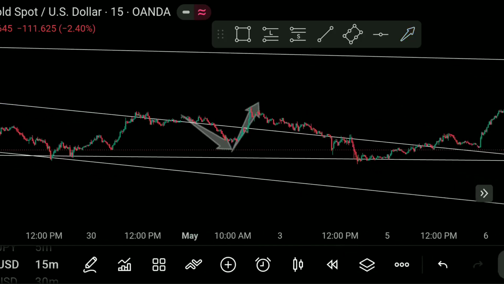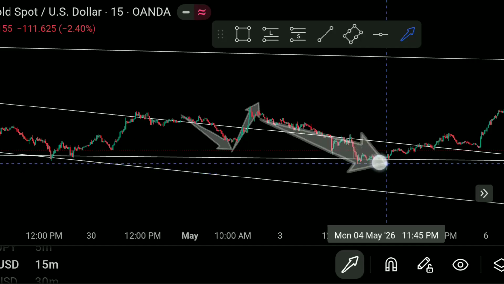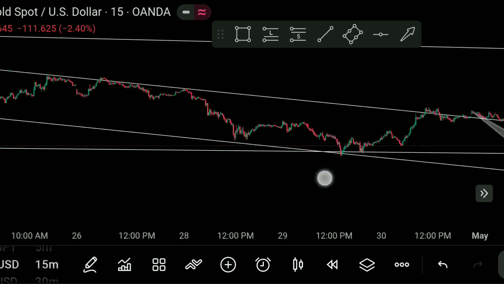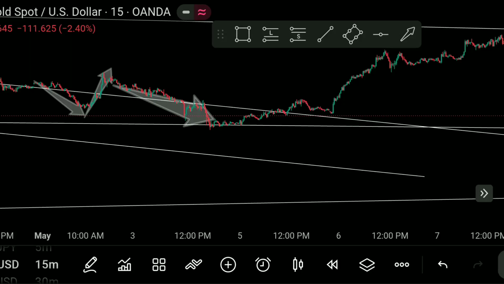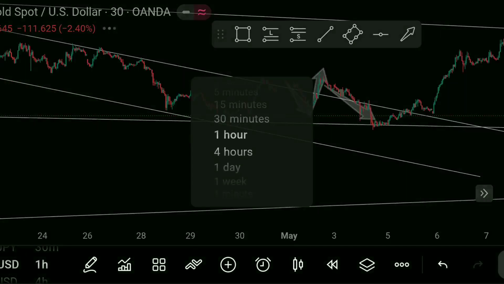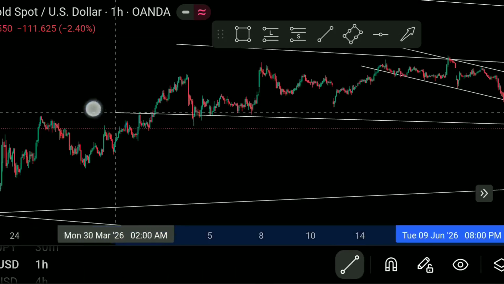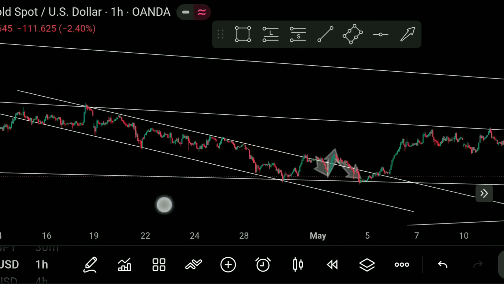After breaking the trend line, what happened again? It now went down again, and it did not touch our normal trend line. It touched another, a different trend line, and this trend line that it touched is actually our 30 minutes trend line.